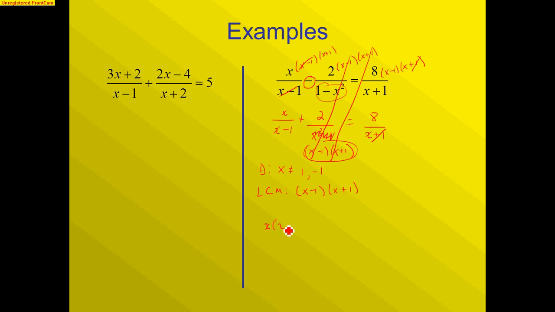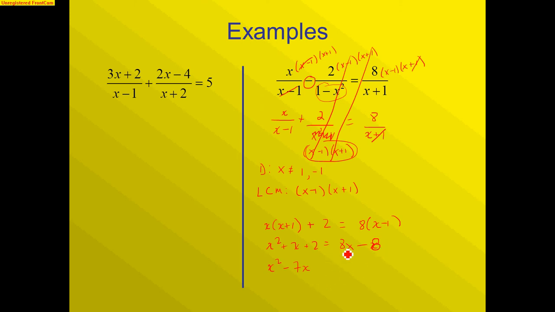x times x plus 1 from the first fraction. Remember, that minus got turned to a plus. 2 times nothing, because both factors canceled out, and is equal to x times x minus 1. So I have x squared plus x plus 2 is equal to 8x minus x squared.